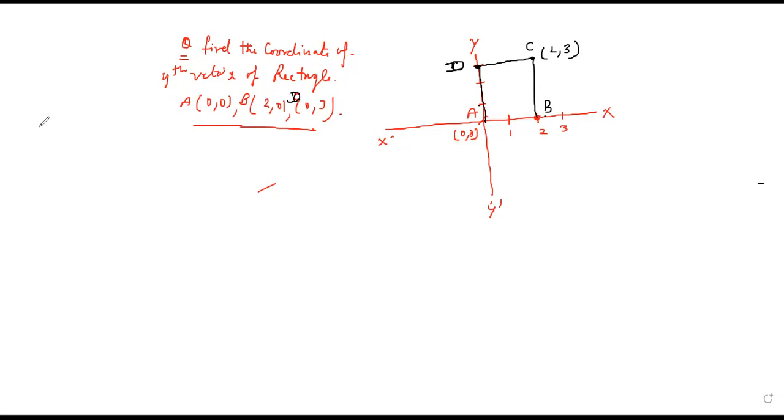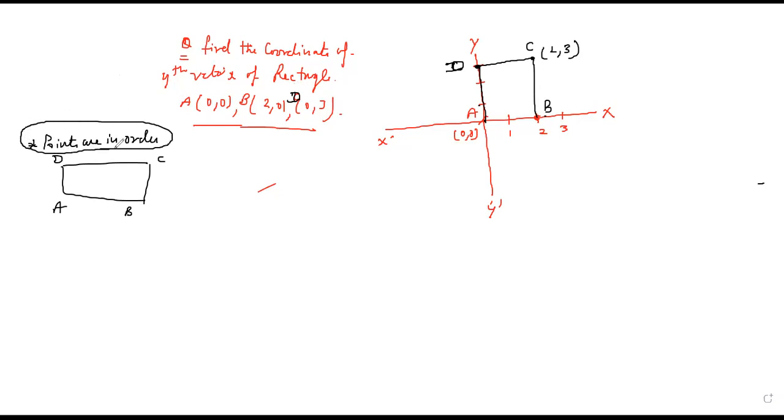Now notice a little. In the question, if he has given you points in order, then you have to take the points in order. That means you have to take it A, B, C, D. If the points are not given in order, then the question can be solved by plotting it on the graph paper. Clear?